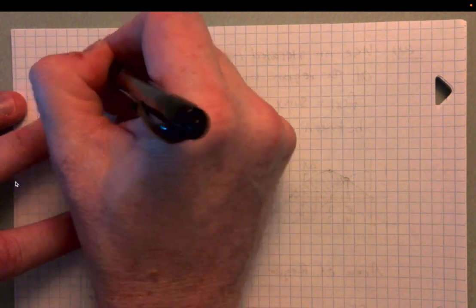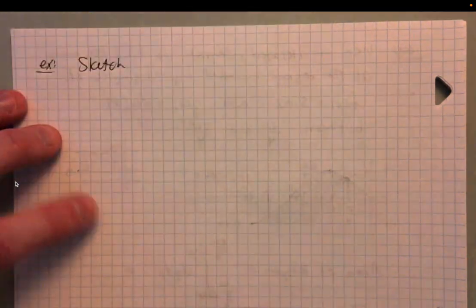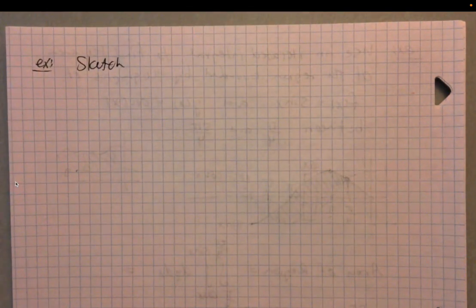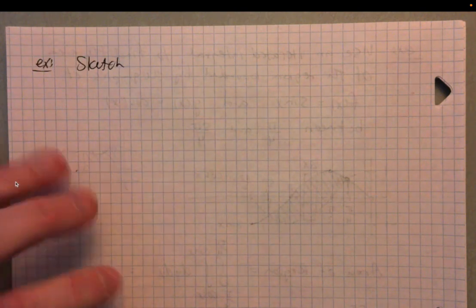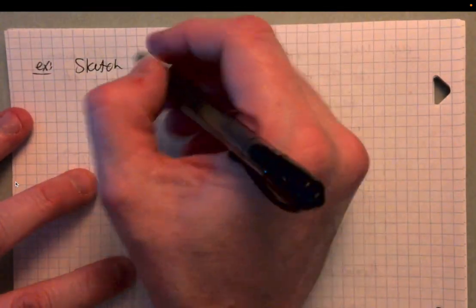Okay, let's do another example. Let's sketch the region, because I think one of the hard parts here is coming up with what these regions all mean. So let's do an example specifically dedicated to that.